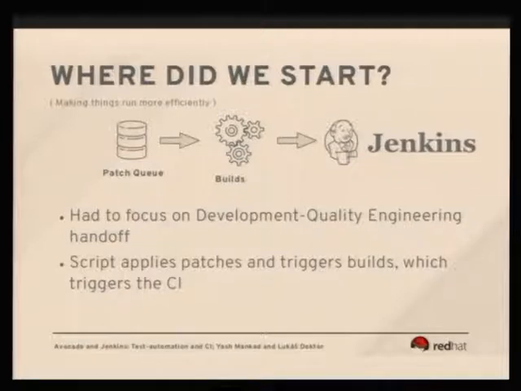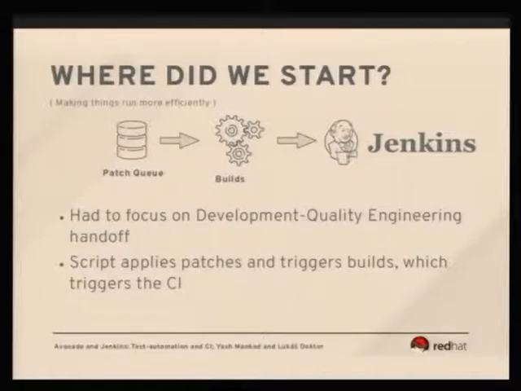As you have seen in several talks yesterday and probably today as well, Jenkins is a very versatile tool. So the way that we have it set up is that we have a Jenkins master slave that is responsible for getting the latest RPMs, installing the repos, and running tests on top of it.